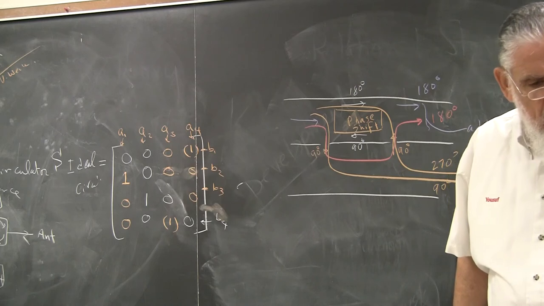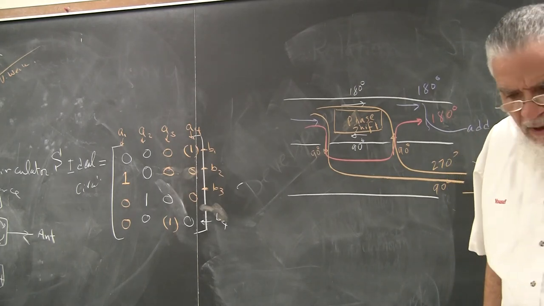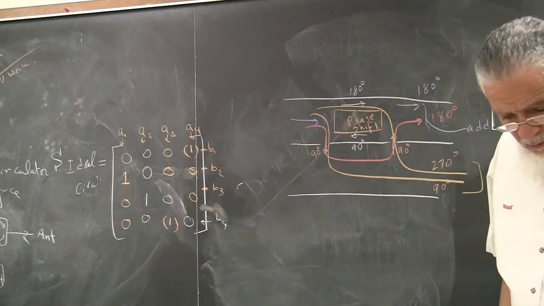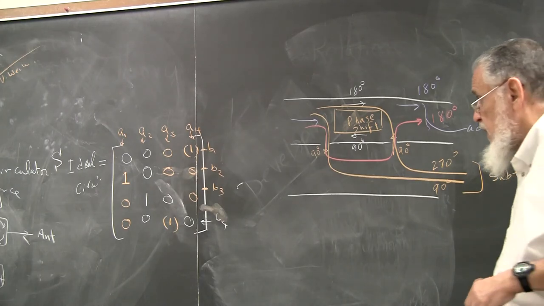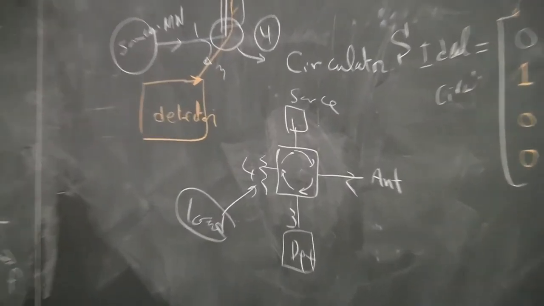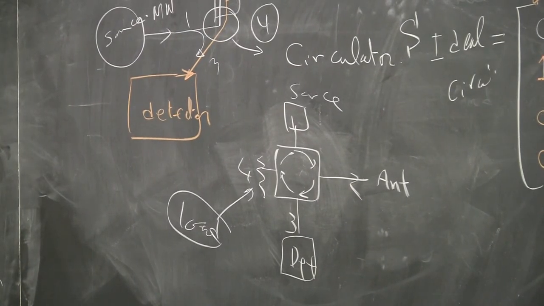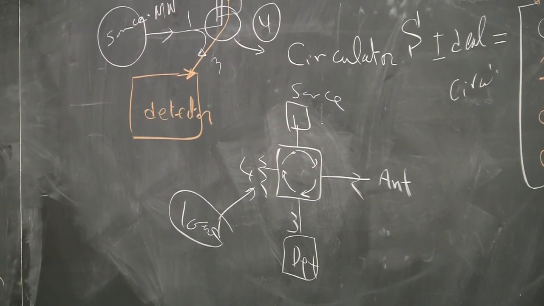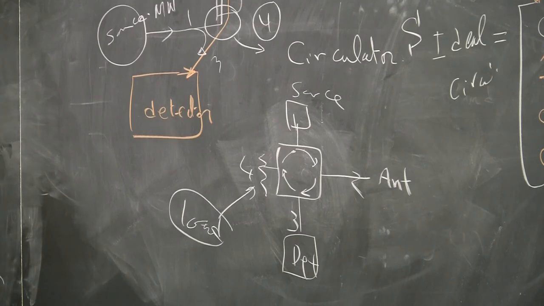One last thing that I was planning to cover today, and that's a couple of pages that I brought with me and I don't have them anymore, is related to the higher order modes in coaxial lines.